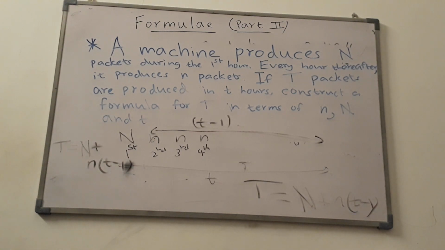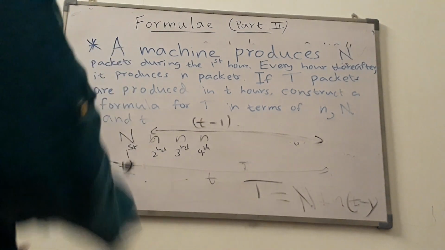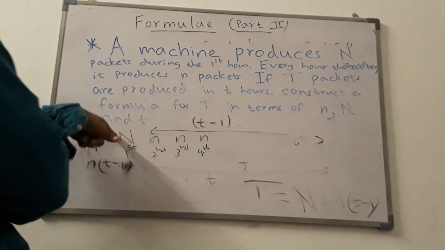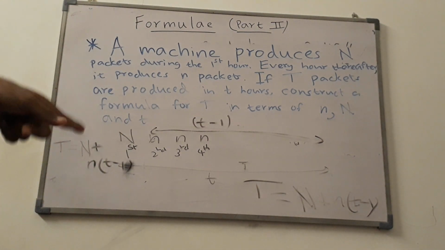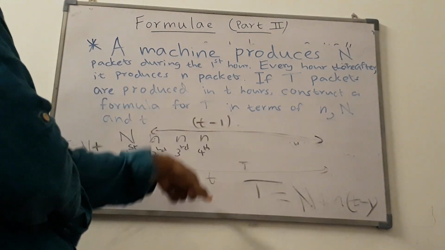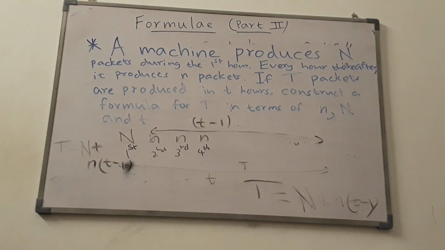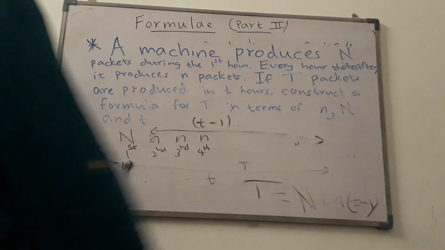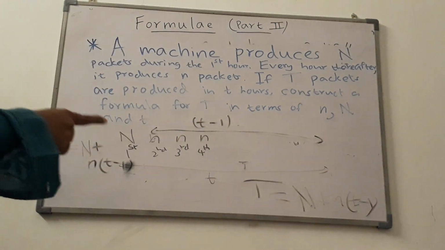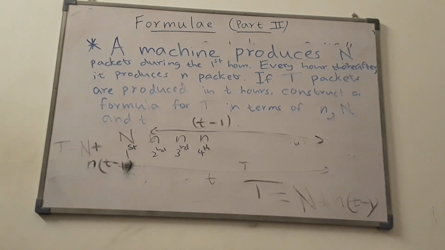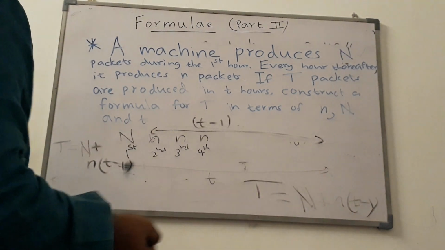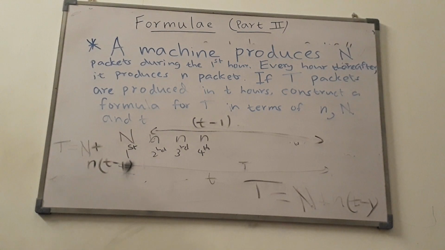Let me explain it again. A machine produces capital N packets during the first hour. Every hour thereafter, that means second hour, third hour, fourth hour, it continuously produces n packets. During total t hours, capital T packets were produced, so we can write capital T in terms of simple n, capital N and t.